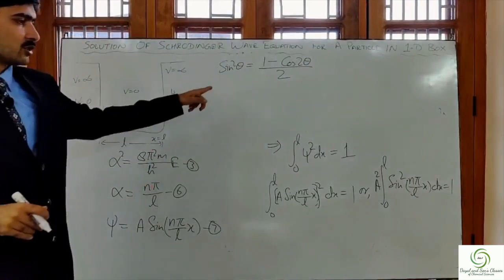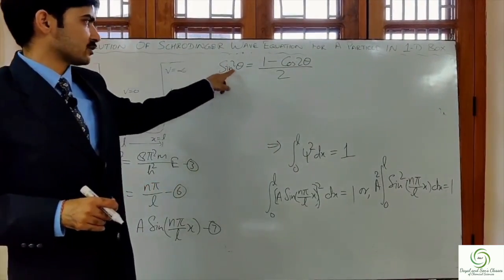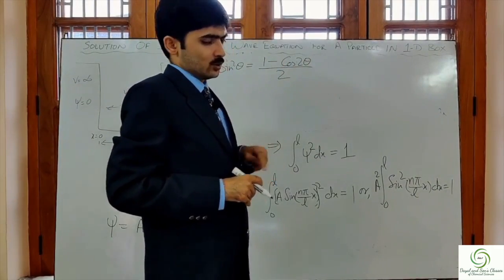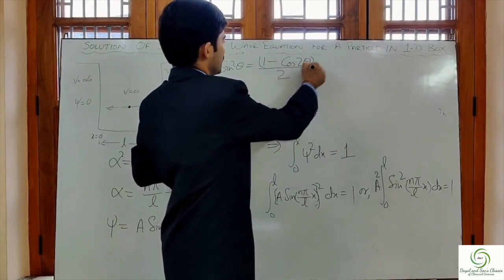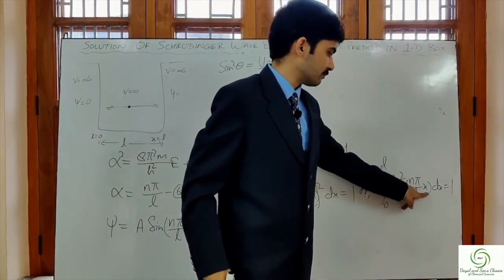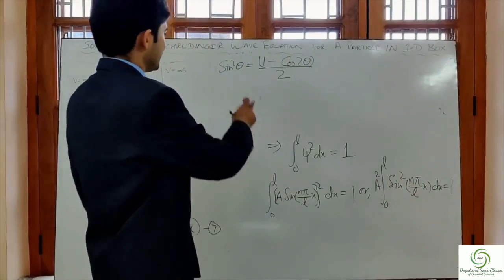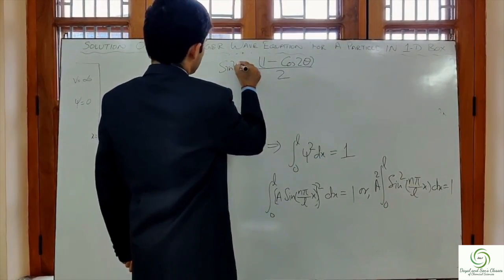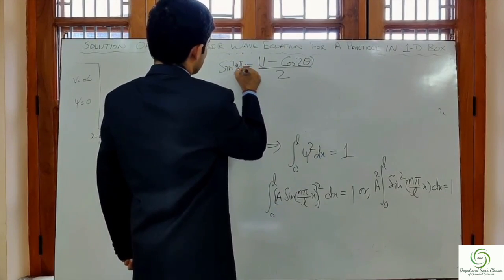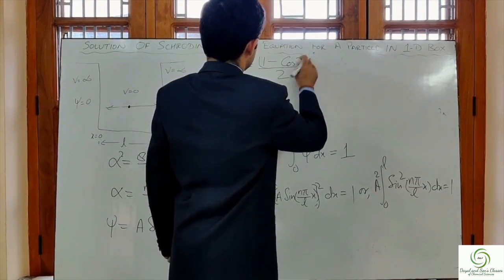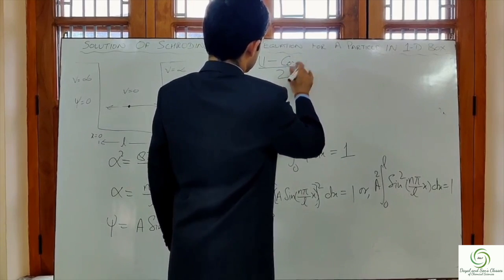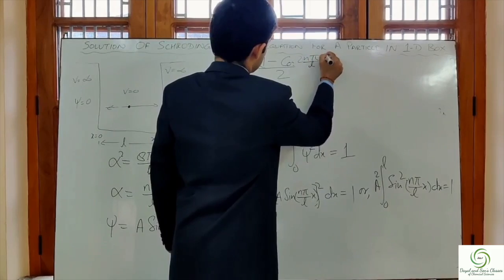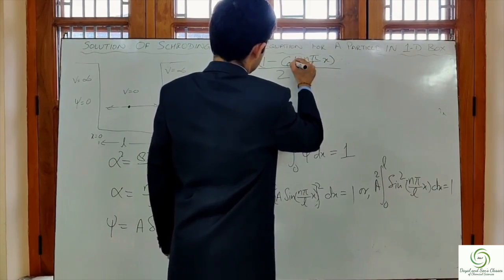We will make use of this identity, that sine squared theta is equal to (1 minus cos 2 theta) whole divided by 2. We will replace this sine squared of n pi by L x. Here theta is n pi by L x, so we get 2 n pi by L into x, by 2.